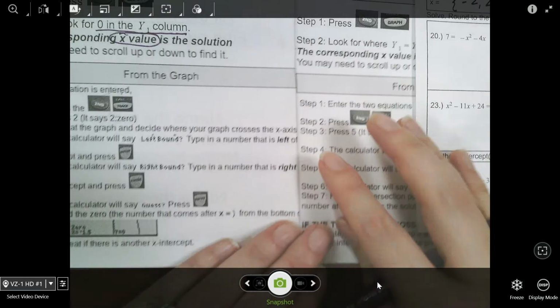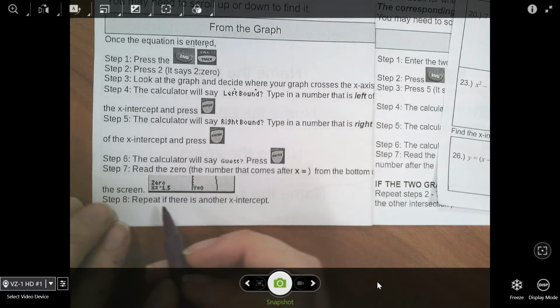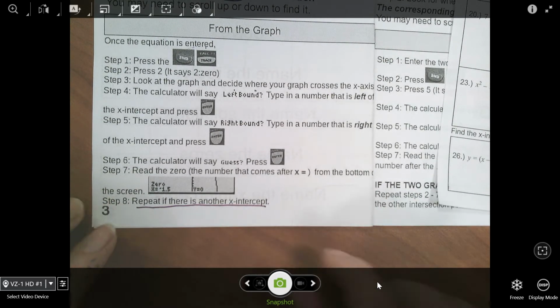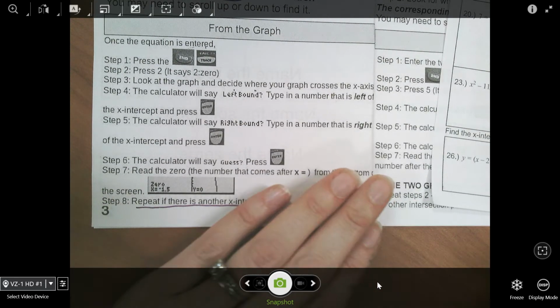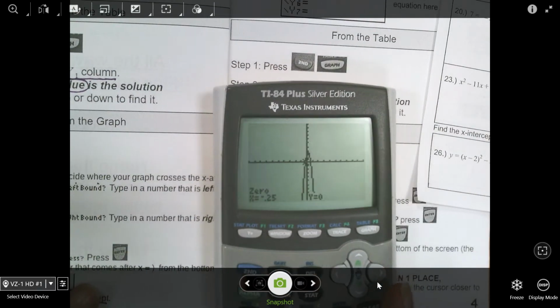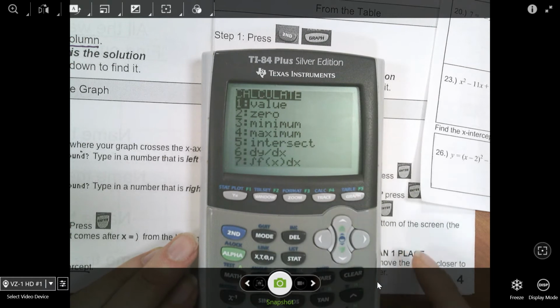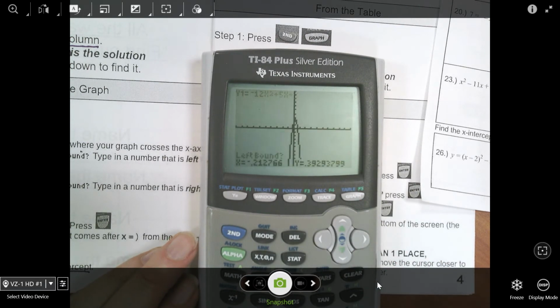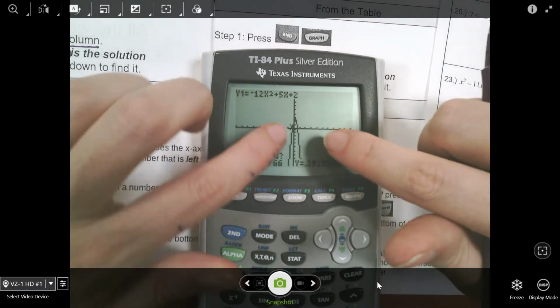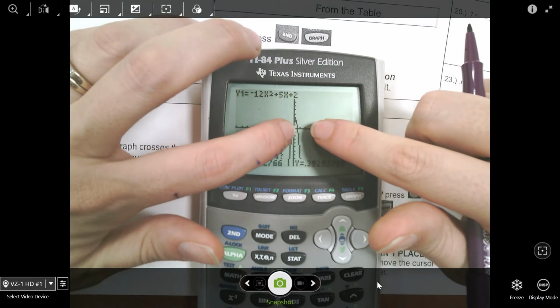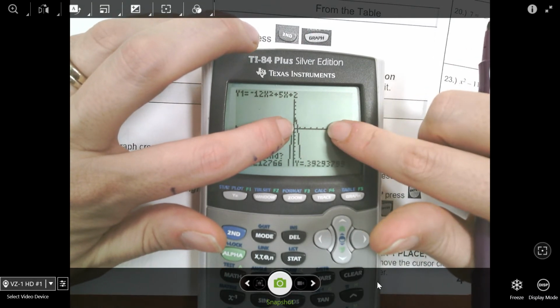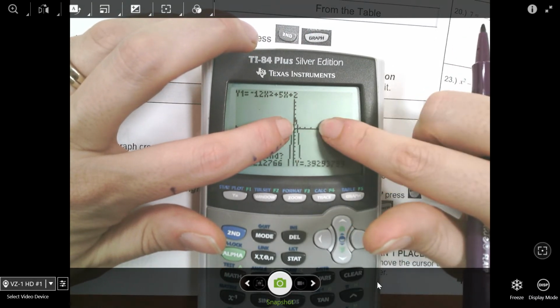Now, I have 2 solutions, so if you notice down here, it says repeat if there is another x-intercept. Well, I've got another x-intercept, so I'm going to go through those steps again. Second and trace, and I'm going to find the 0. And this time, I need to tell it a range from here to here. So I just include one intercept.